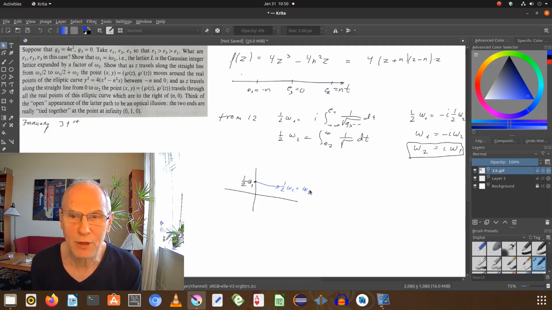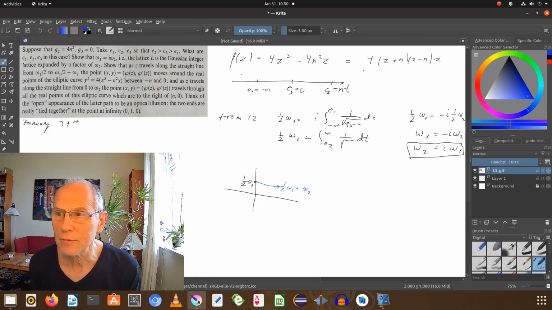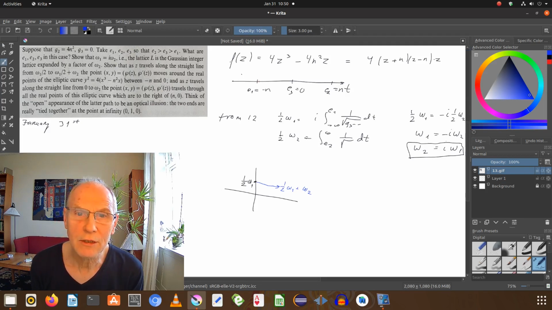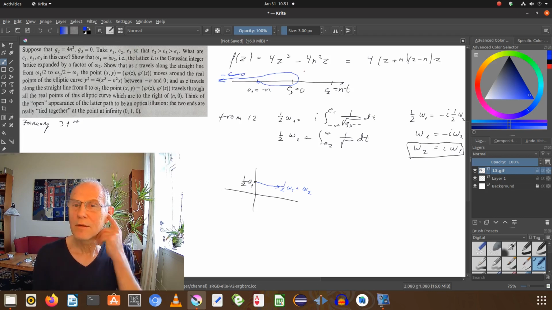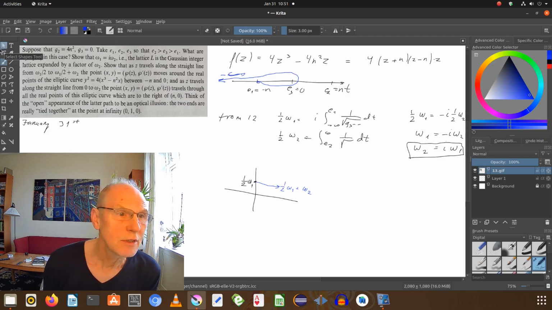So to get plus omega 2, we have to add this guy. So it should go around like this. And then out to minus infinity.